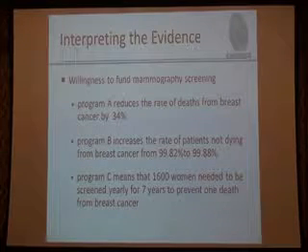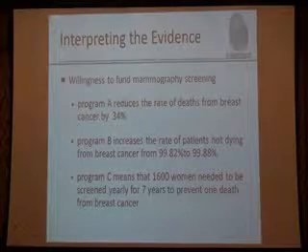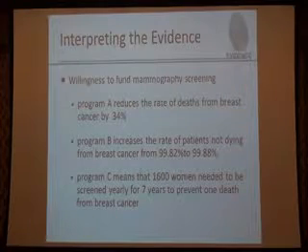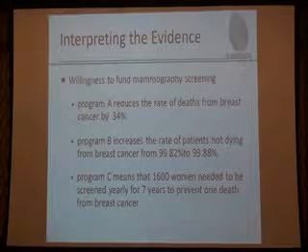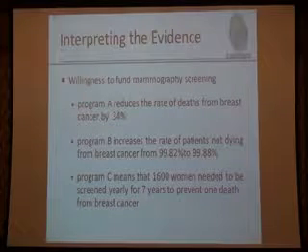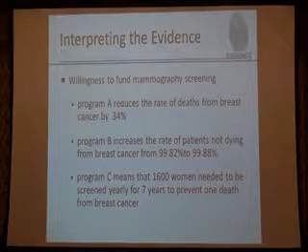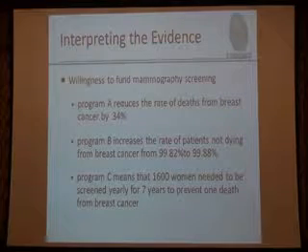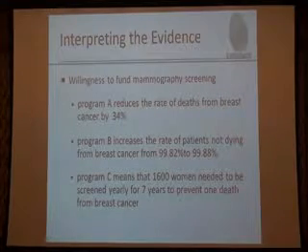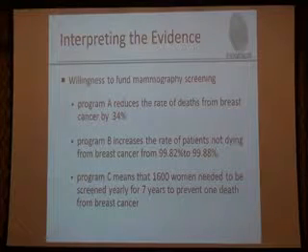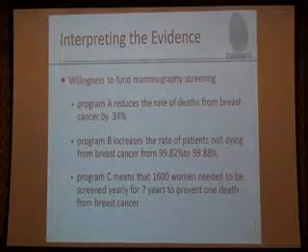So who is in favor of adopting Program C? No one? I would. She would. Two of us would adopt Program C. Who would like to adopt Program B? No one? You would, and I would.